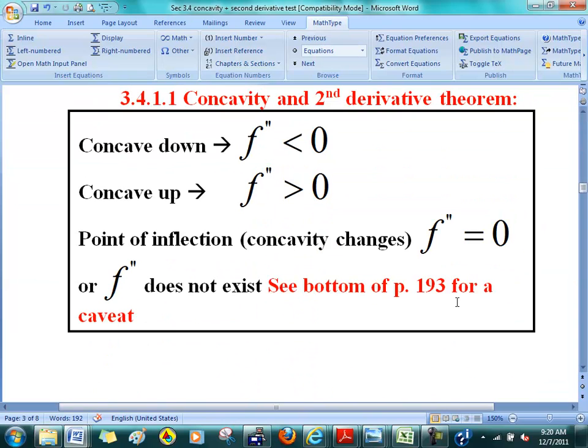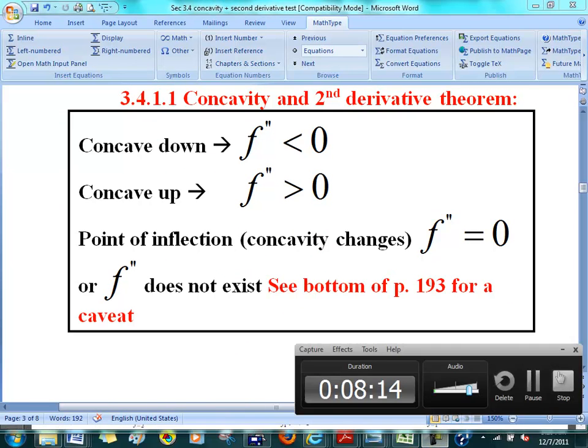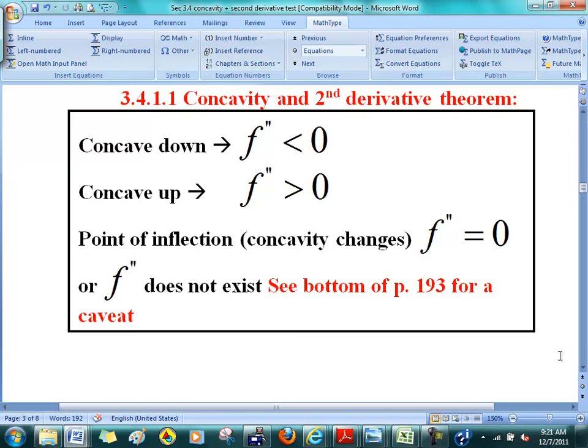So here are the words. But I want to show you this little caveat on page 193. So you need to open your book on page 193. There's a little table there, and then there is a little paragraph underneath that table, about two-thirds of the way down that page.